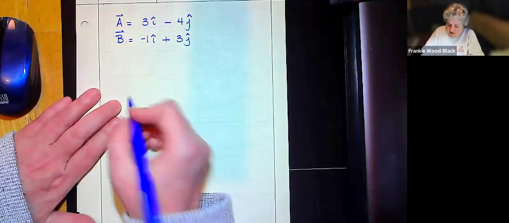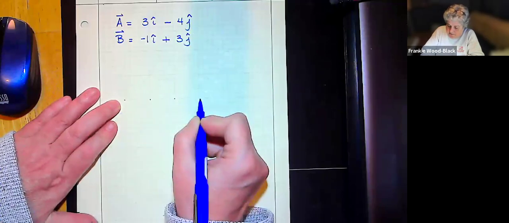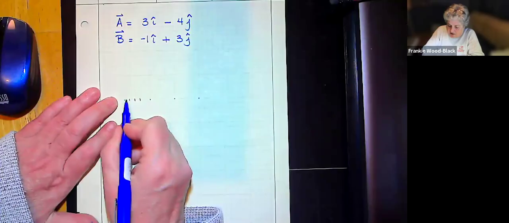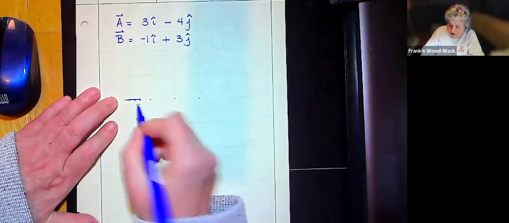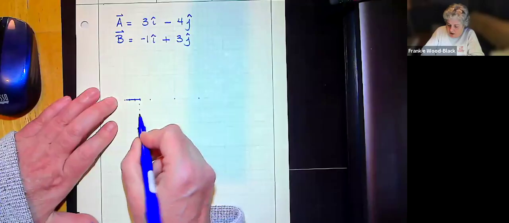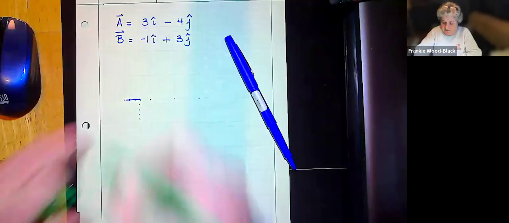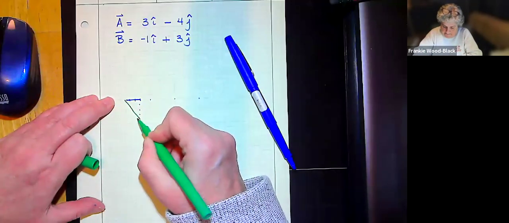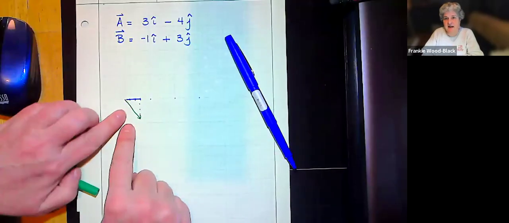So I'm going to start out with vector A, and I'm going to use my dots here on my paper. My vector A is 3. 1, 2, 3. And it was -4. 1, 2, 3, 4. So here's my vector A. Okay. That's what vector A looks like.